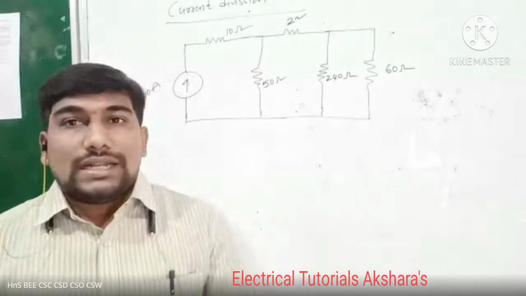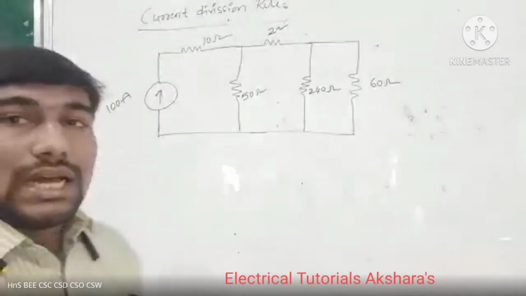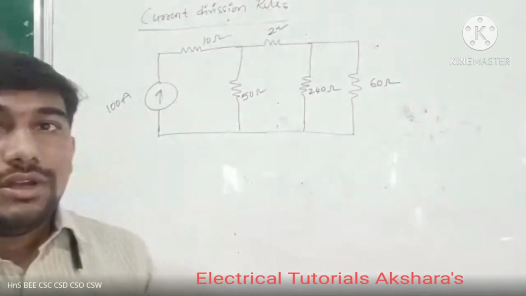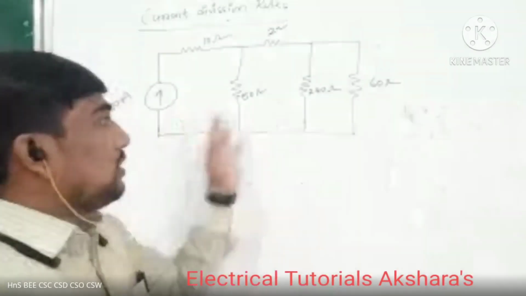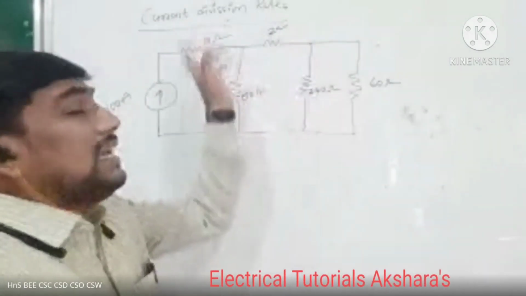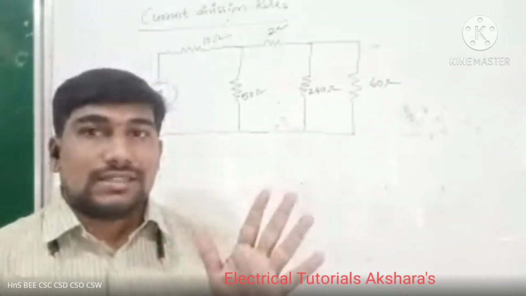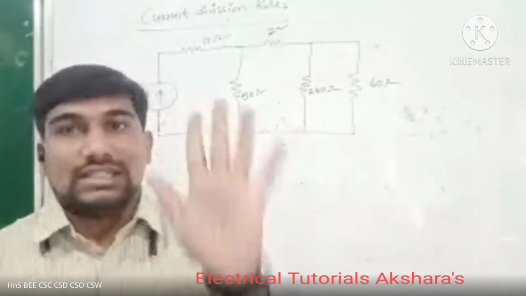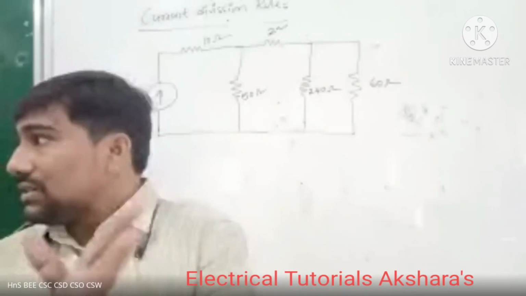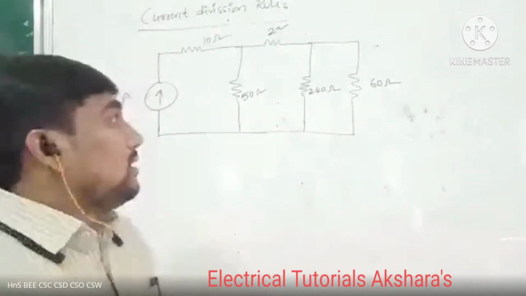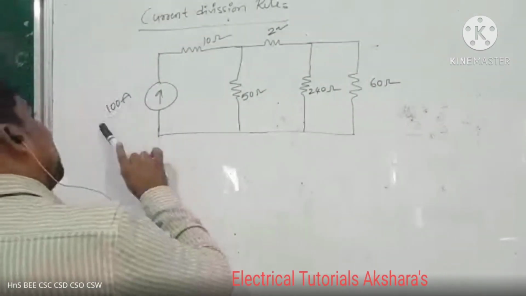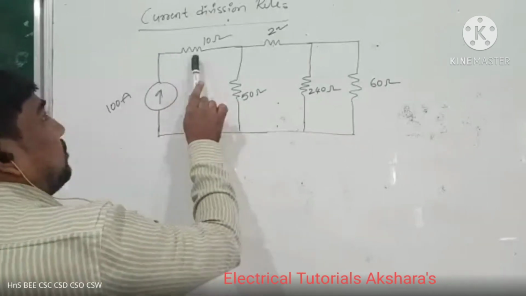Actually, only using the current division rule can we find the current values. Now see, in our given circuit we have 1, 2, 3, 4, 5 resistors in total. Those 5 resistors are converted into 2 resistors first. Now see, the total 100 amperes current is passing through the 10 ohms.